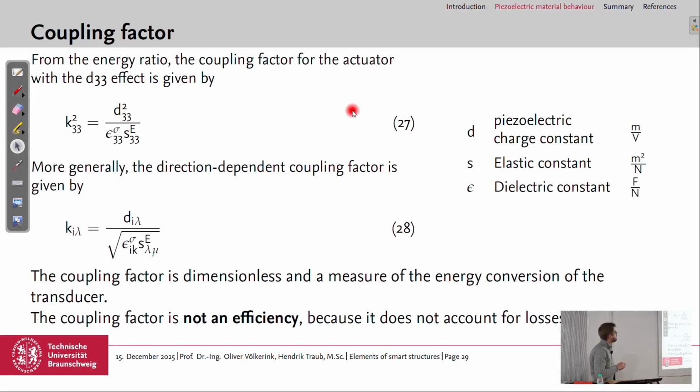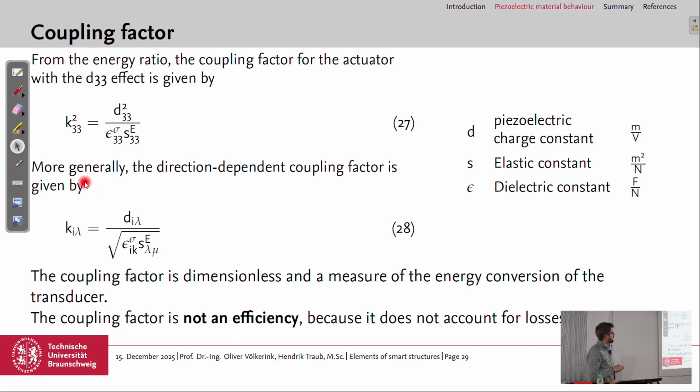From the energy ratios, if we use the equations for the mechanical and electrical energy and put them in the equation for the squared coupling factor, then we get this equation. So for the 3,3 effect, so for the longitudinal effect, we have d33 squared divided by the permittivity at a constant stress times the compliance at a constant electric field.